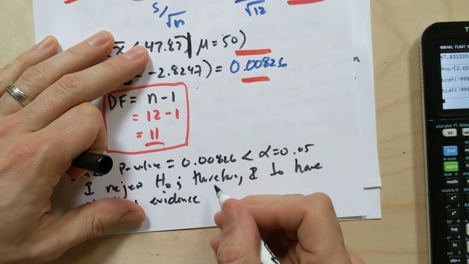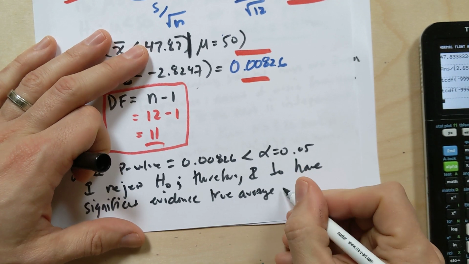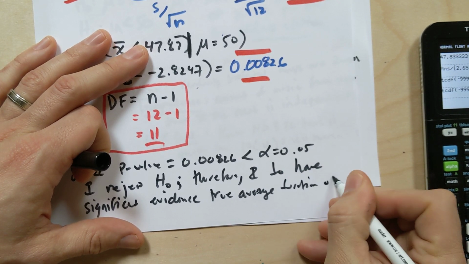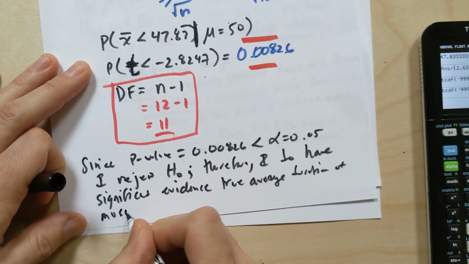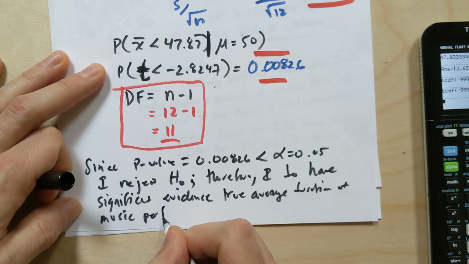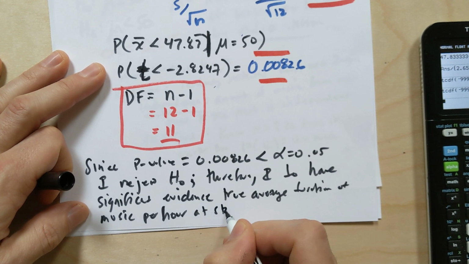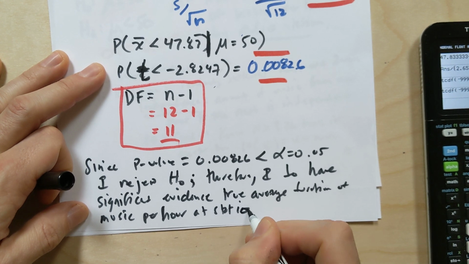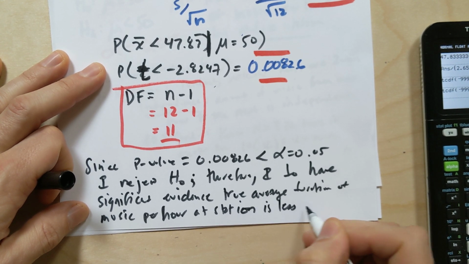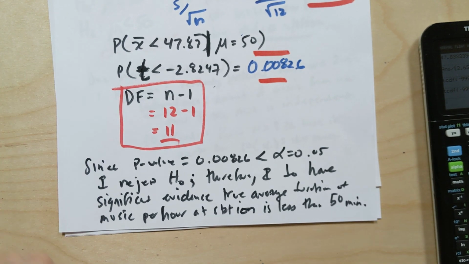That means that the true average duration of music per hour at the station, whatever radio station this one is, is less than 50 minutes. Just barely managed to squeeze that in, right?